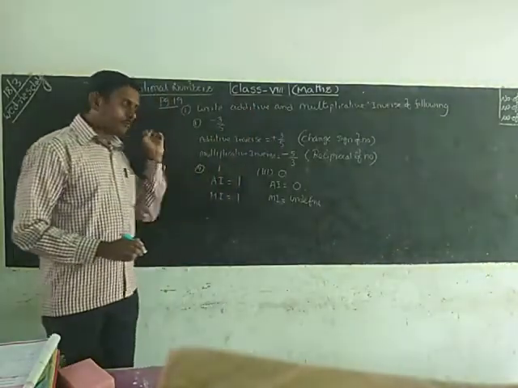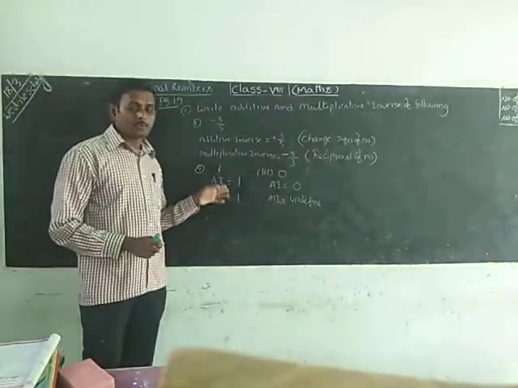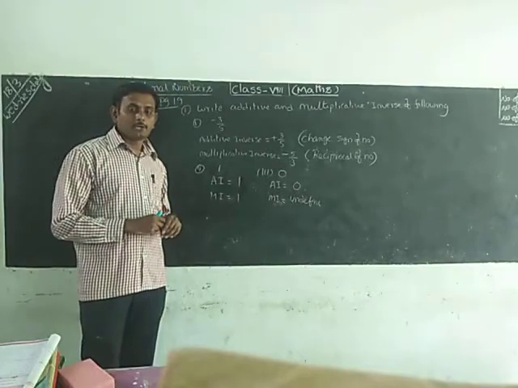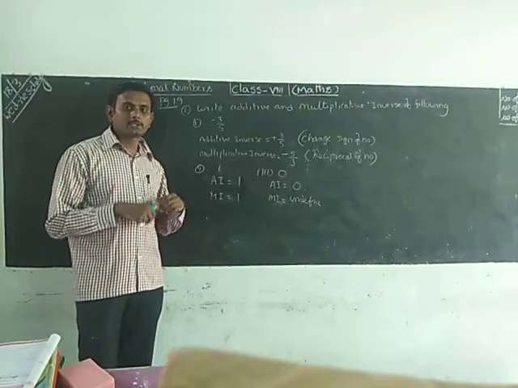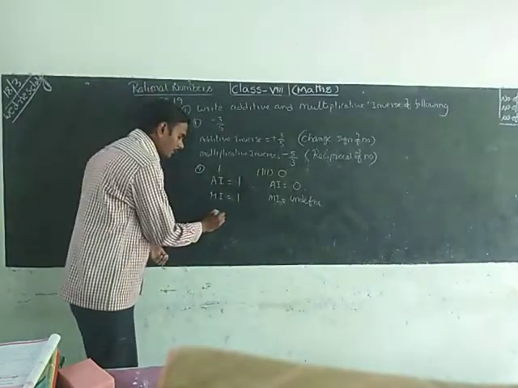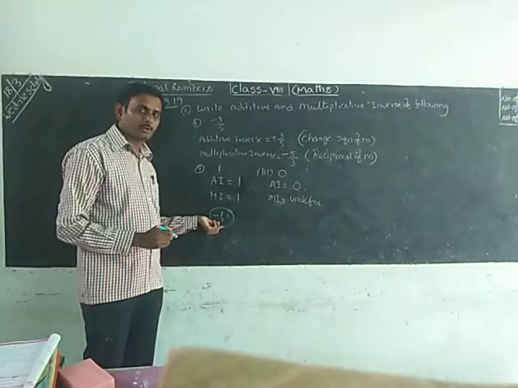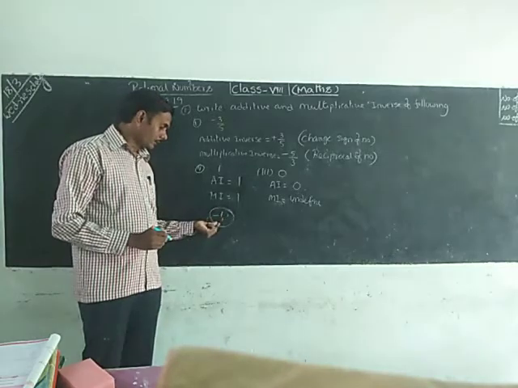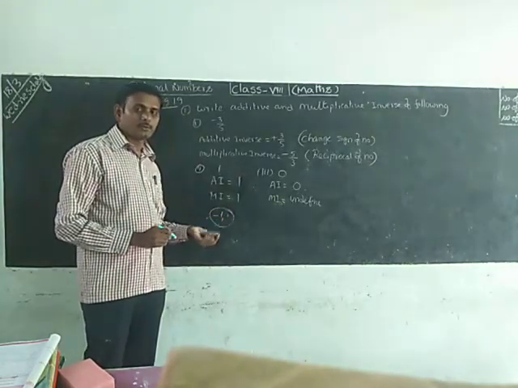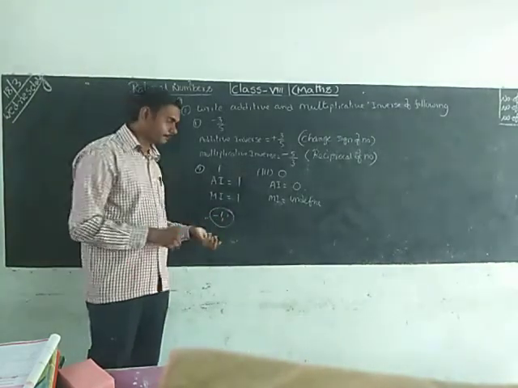Here we get one question. Which numbers have the same additive inverse and multiplicative inverse? 1 and minus 1. These two numbers have the same additive inverse and multiplicative inverse.